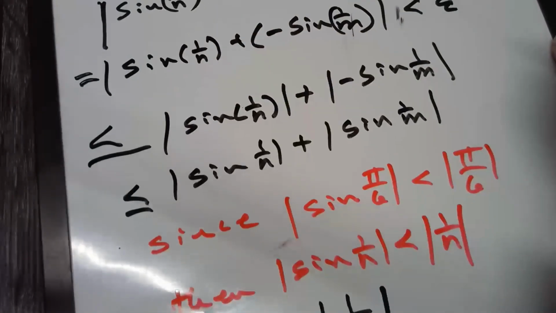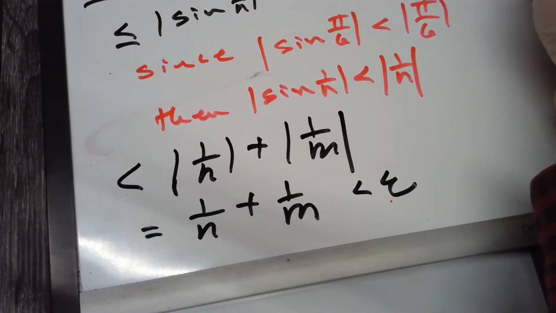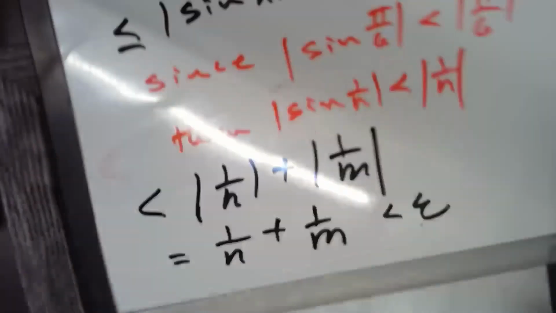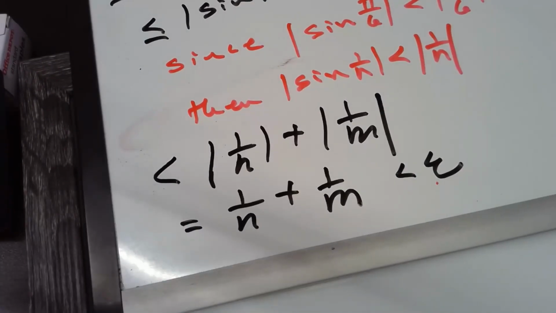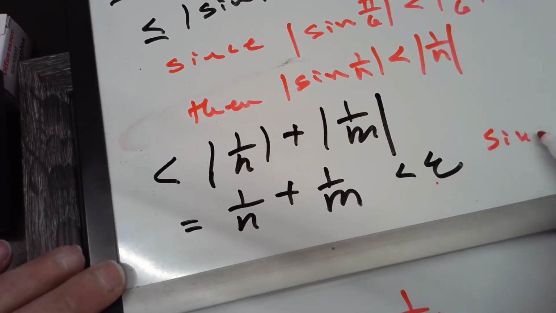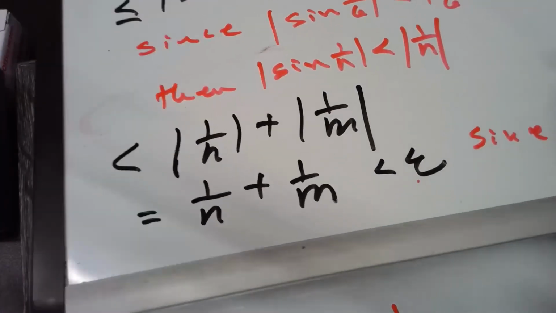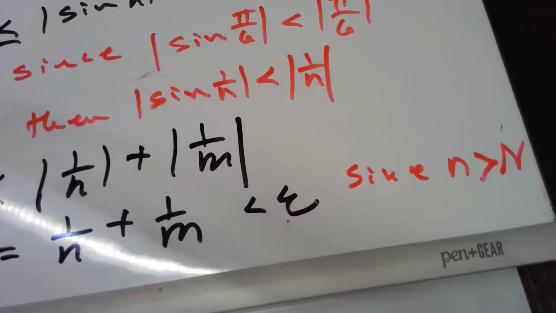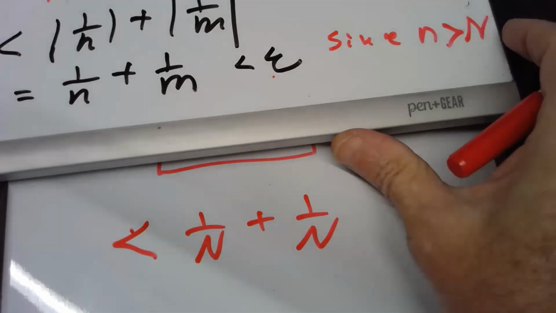We're going to go back and do all these steps, and when we get to 1 over n plus 1 over m, we can say that this is less than 1 over uppercase N plus 1 over uppercase N, since we said before that n is greater than uppercase N. The denominator is going to be larger than if we were to say 1 over n, so that makes the fraction smaller.